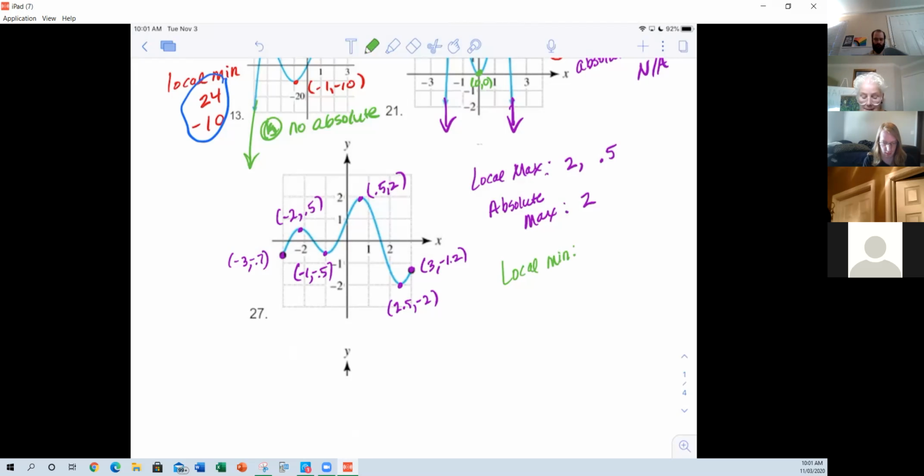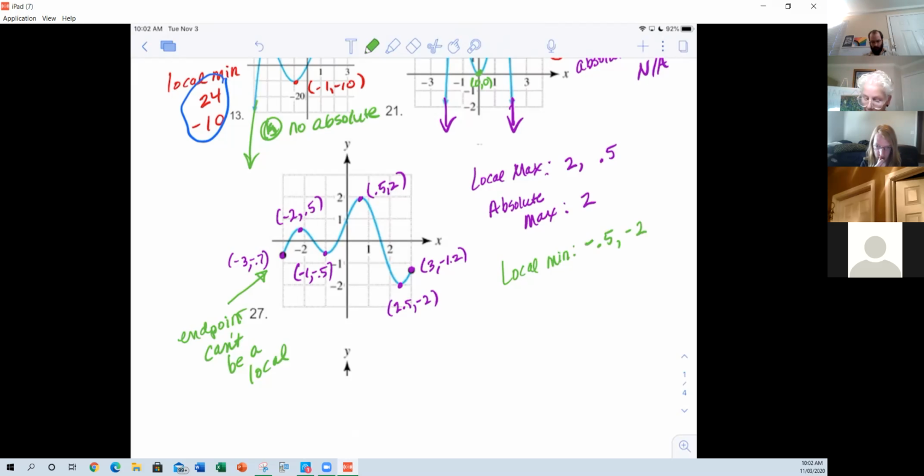Okay, and that one is a low point, but it's also an endpoint, right? An endpoint can never be a local. So it's got to be in between the two endpoints. So the alternative would be -0.5, and what else? -2. You can't use -1.2 because that's an endpoint. Right, you can't use an endpoint for a local.